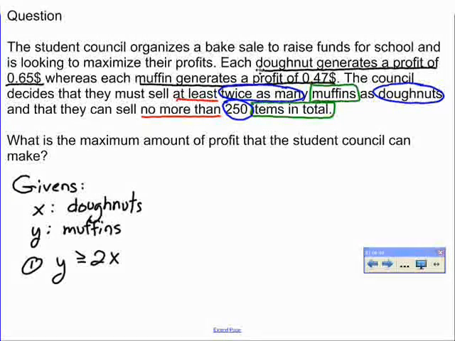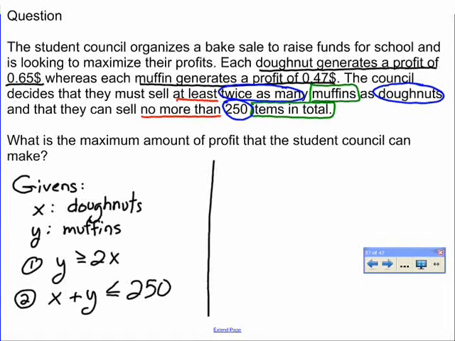So again, rewriting this in the simple subject-action complement form, you find your second equation, where the number of total items, which means the number of donuts and the number of muffins, can be no more than 250. So we now have the two inequalities that deal with this particular problem.